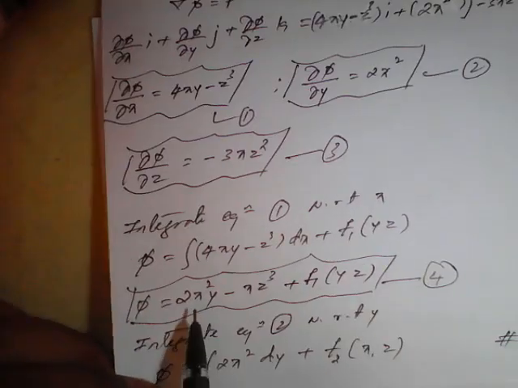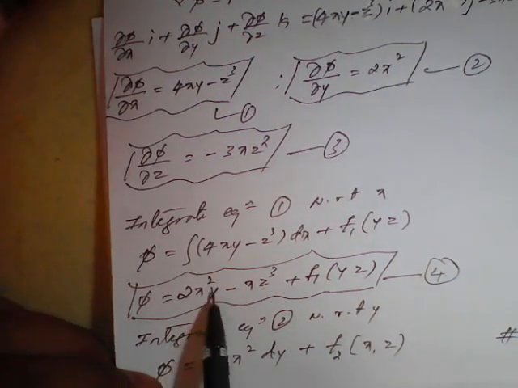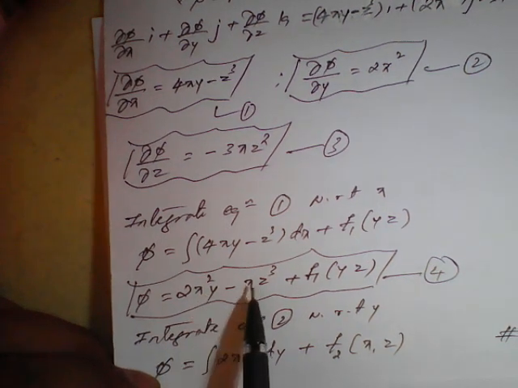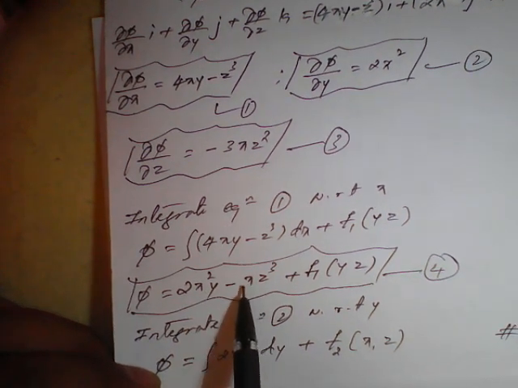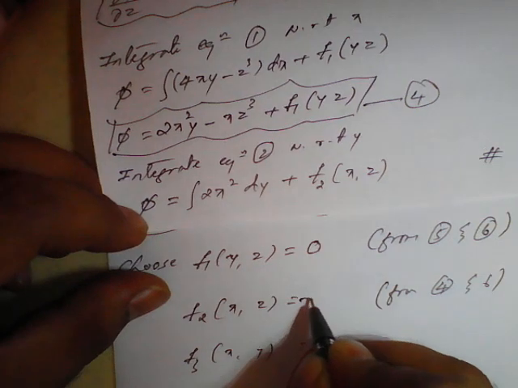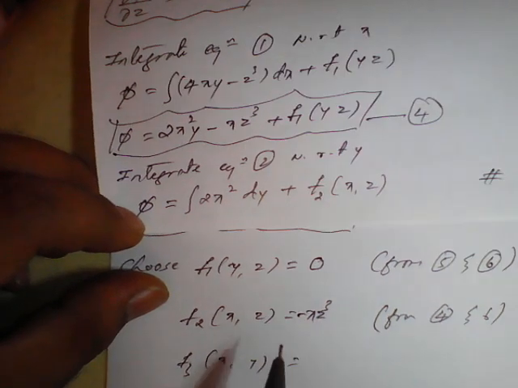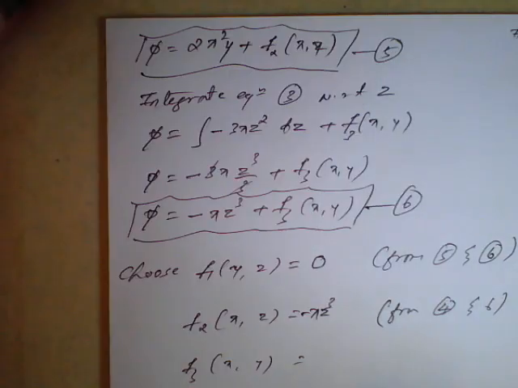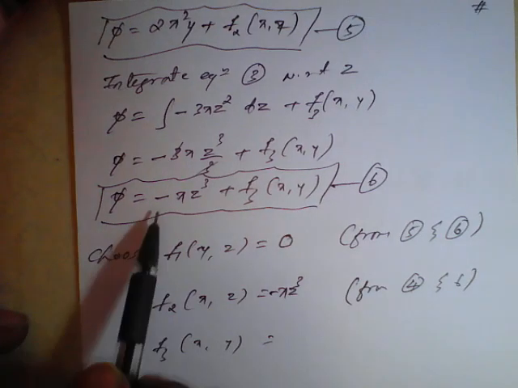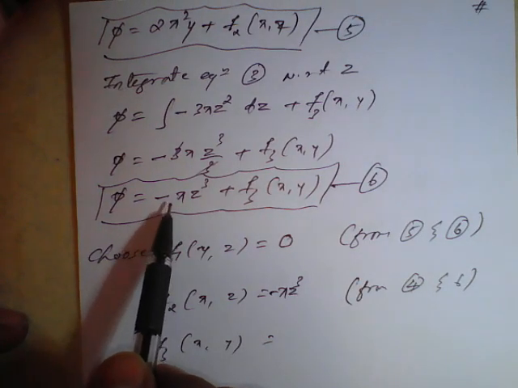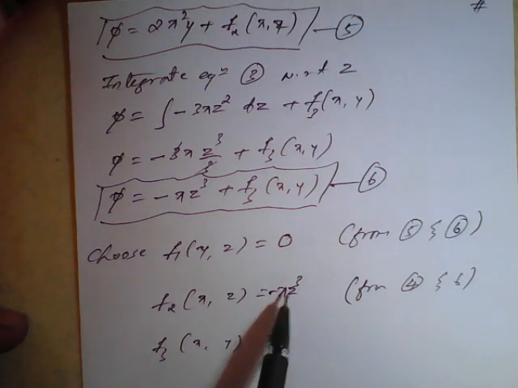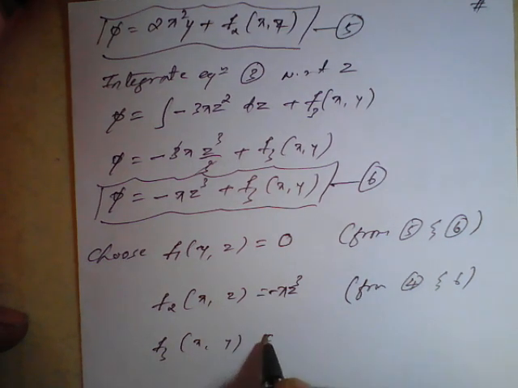The first term is having y. The second term, just observe here, is minus xz³. Then in equation number 6 we also have the same term minus xz³, which should not be repeated, only once we have to take it. So we got the value of f2 of xz.